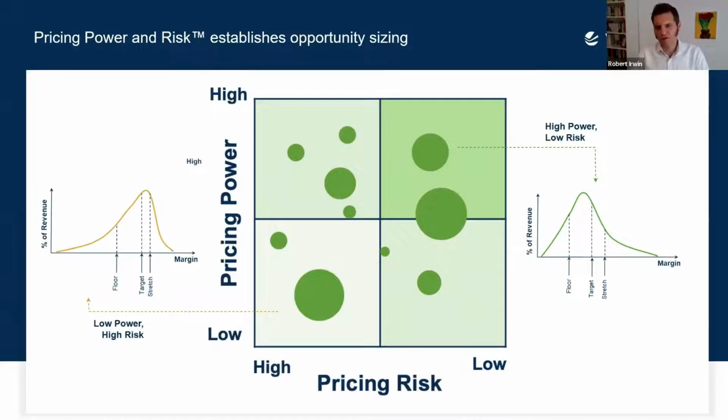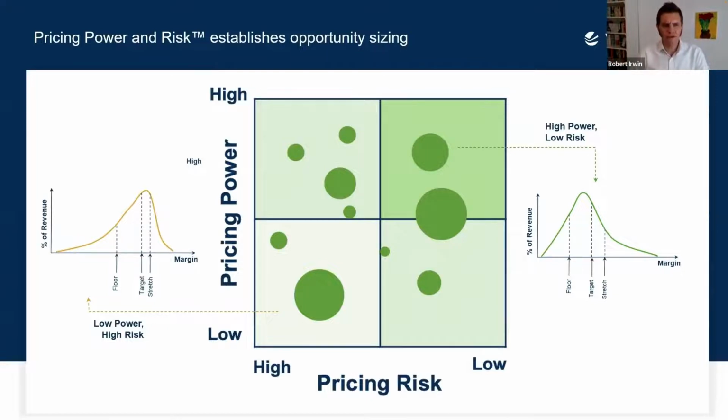There is not as much at stake if I move my targets and get it wrong. Then this is segments of my business where I want to push pricing much harder. So in that type of segment, I will see a recommendation from the algorithm with a much higher percentile recommendation on that distribution.